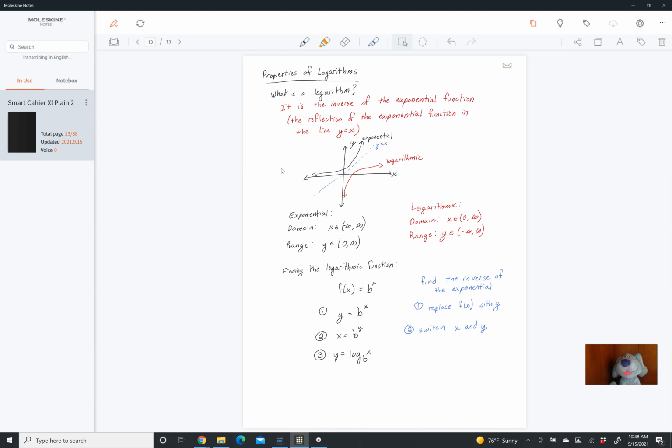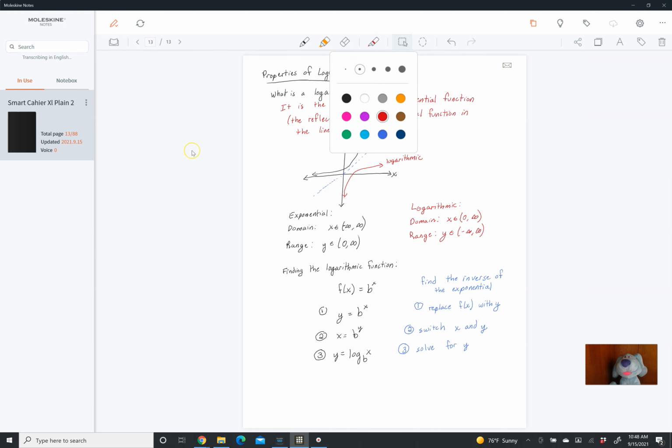And the last thing that we did was solve for y. These are the same steps that we used when we were finding inverses when looking at polynomial functions for the first time.